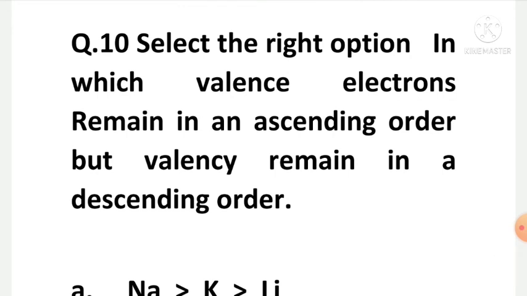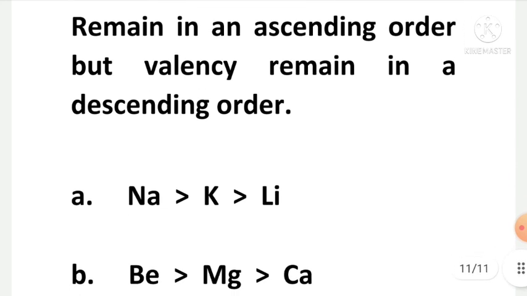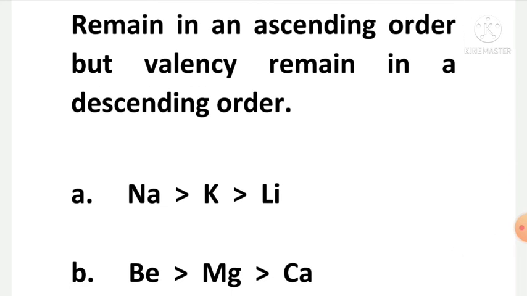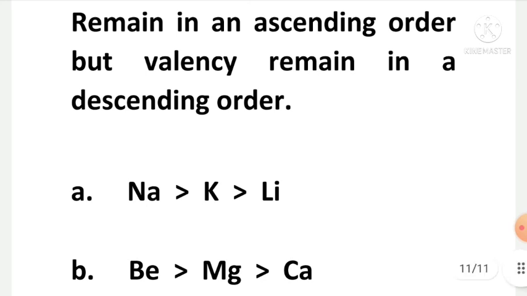Here you have to arrange the elements in this way, where valence electron goes in ascending order but valency comes in descending order. So here the options: A. Sodium is greater than potassium and potassium is greater than lithium.